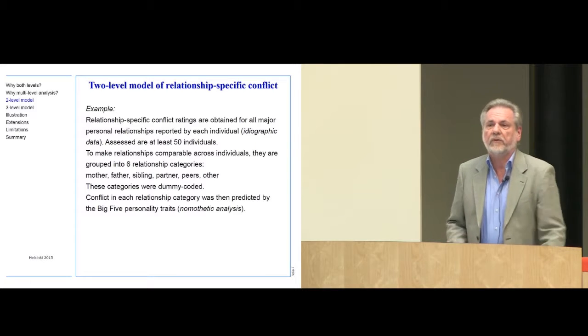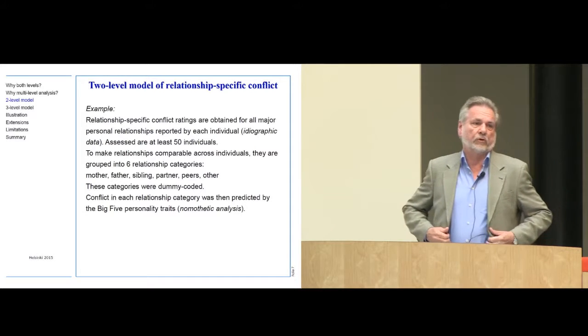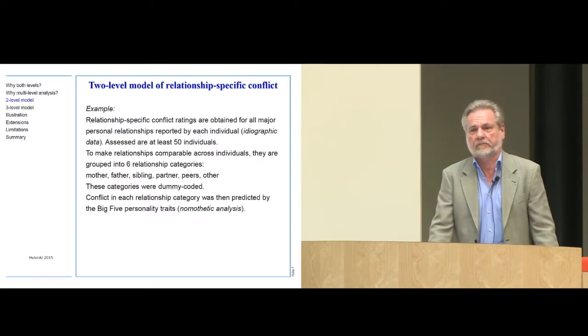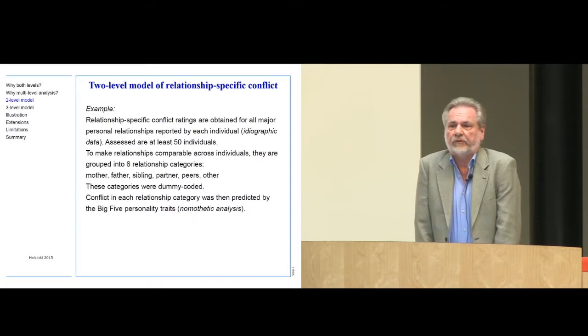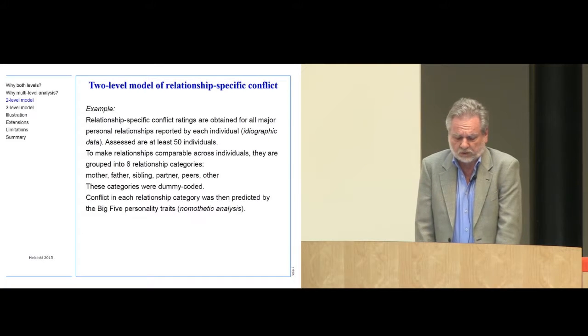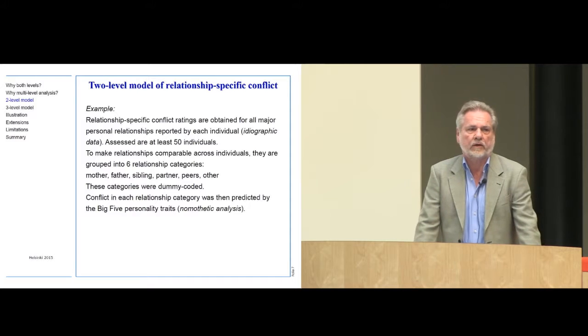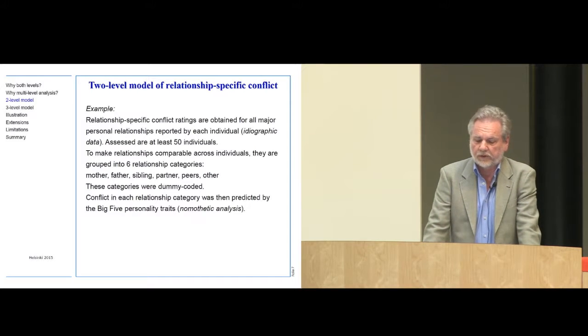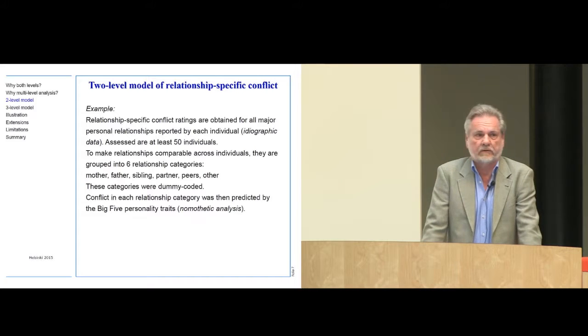This is often done, but this is a restricted approach because you have peers, you have friends outside of the family, and so on. So really a good approach would be a network approach where you're interested in all significant personal relationships. These are idiographic data.